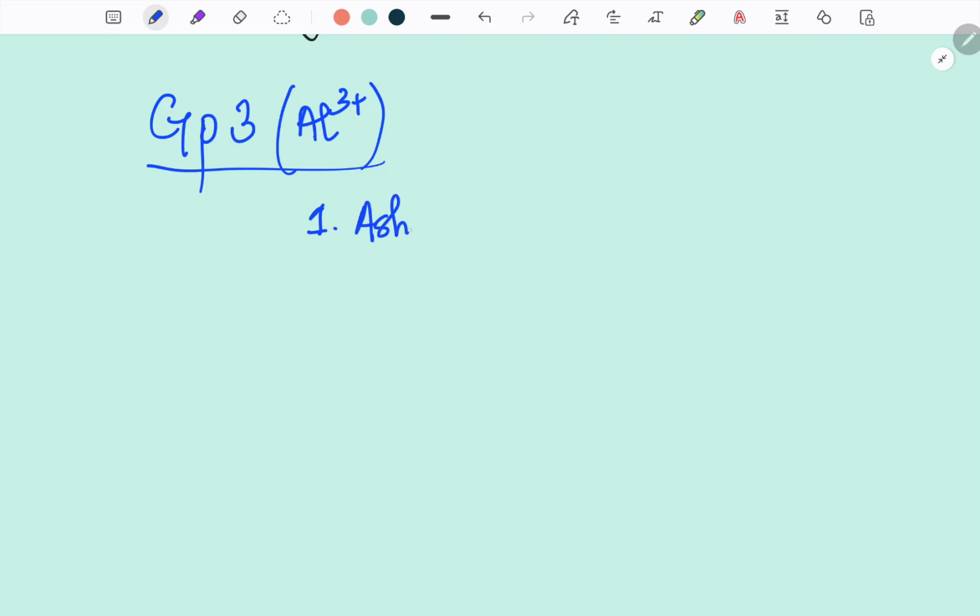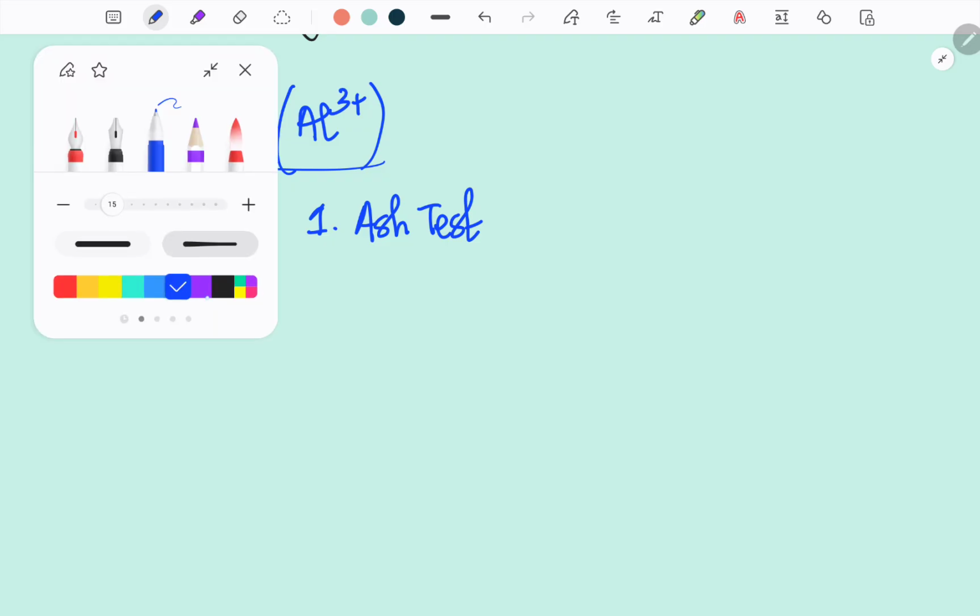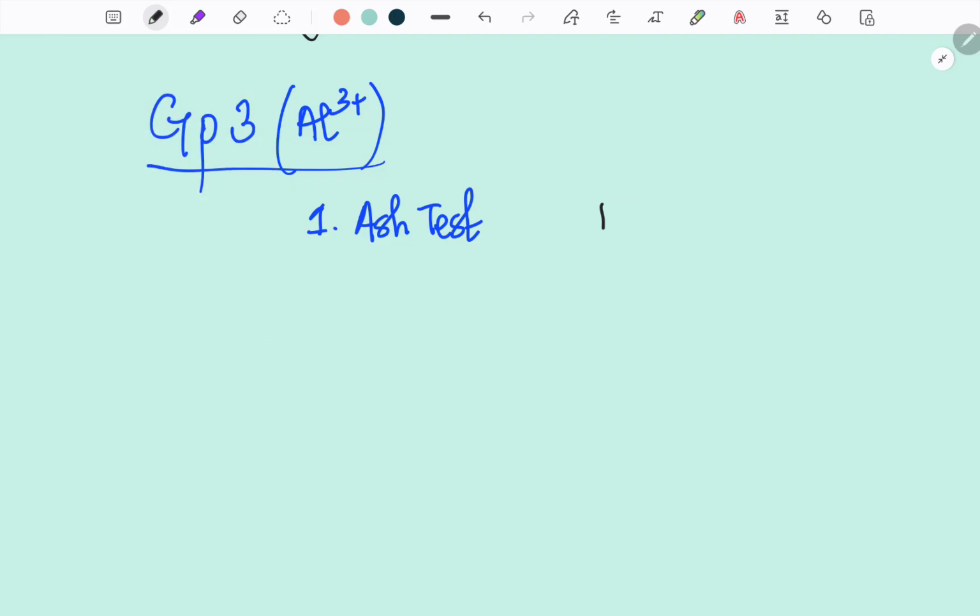I told you the procedure already, and I told you we will get an ash at the end of the procedure. Now if the color of that ash is blue, that means the group 3 cation is confirmed.